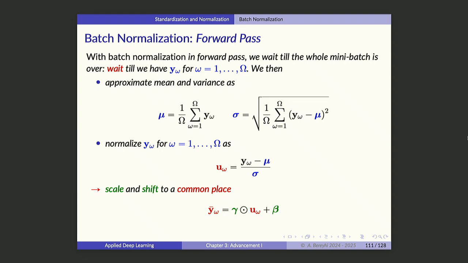Why? Because maybe in your application, some variance different from 1 is going to help. Who knows, right? So you are scaling everybody, and you see that this gamma here is again the same size vector, so every single entry inside U is getting its own standard deviation, its own variance. And then you're going to shift it to point beta, right?